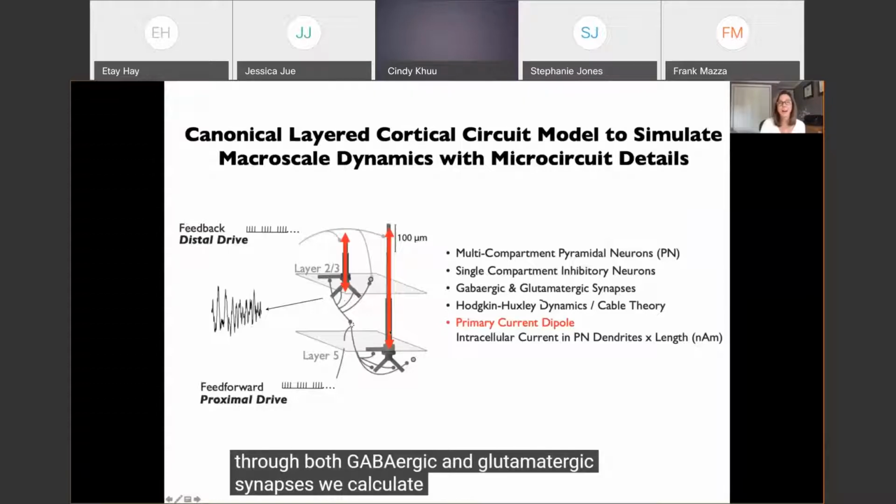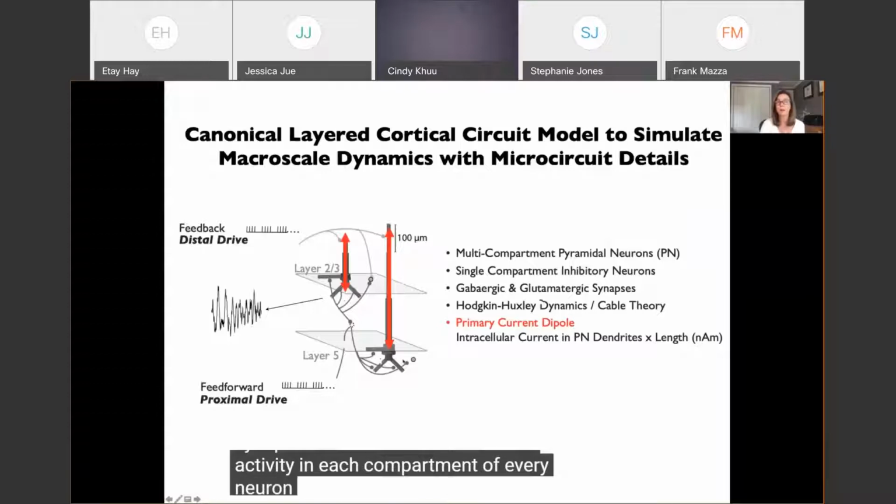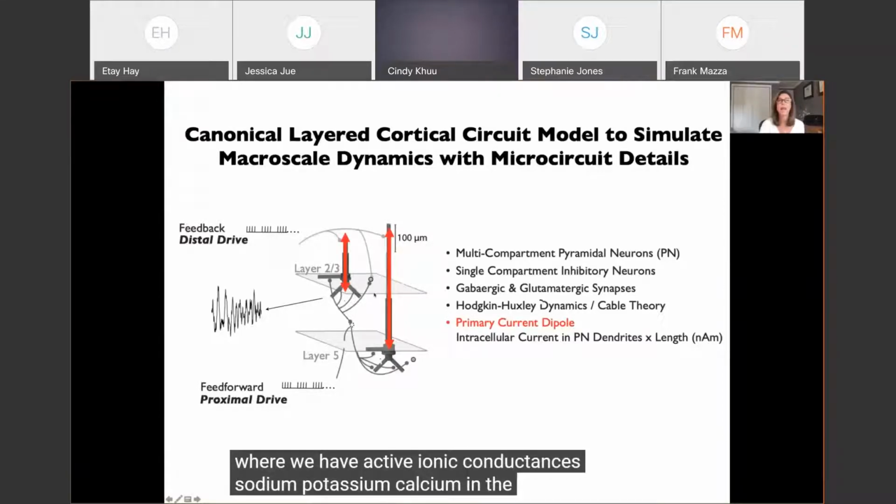We calculate the electrical activity in each compartment of every neuron with Hodgkin-Huxley dynamics, where we have active ionic conductances, sodium, potassium, calcium, in the somatic and dendritic compartments. We calculate this longitudinal current using cable theory. And then again, the primary current dipole signal comes from the net intracellular current flow across all of the population of cortical neurons.